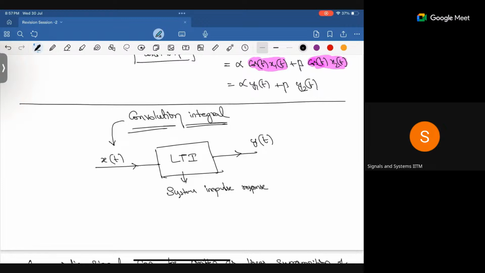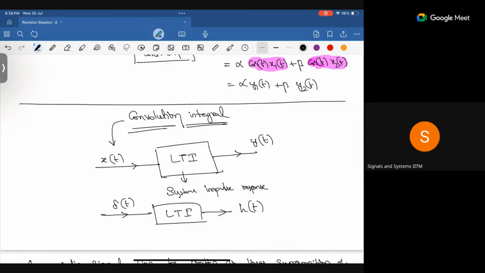I will use this linear and time invariance to compute the output for any given input. So all I want is the output when I input delta of t. If I input an impulse to this LTI and get some h of t, which is the impulse response, I can write any output in terms of input.